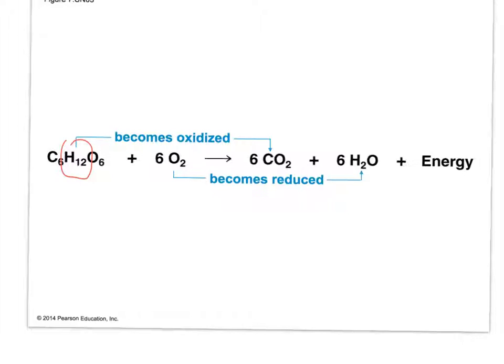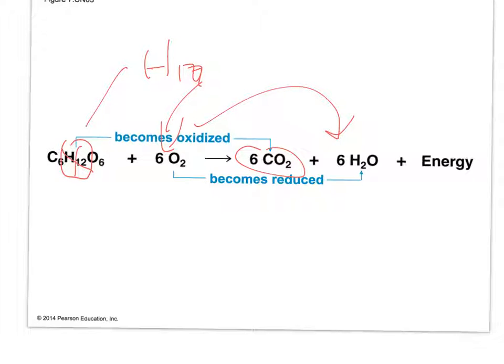So if I take the hydrogens out, what do I have left over? Carbon and oxygen, which becomes this. And now those hydrogens go out over here. Where are they going to go? They're going to go to O2, which then becomes water. Okay? Is that better? Yeah. All right.